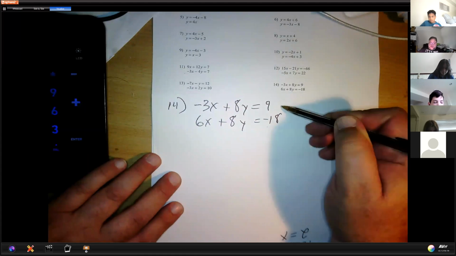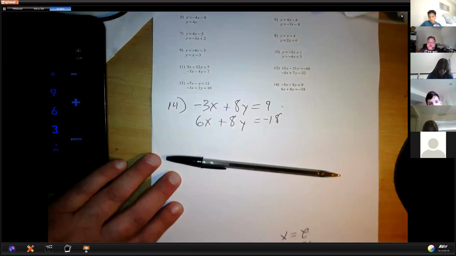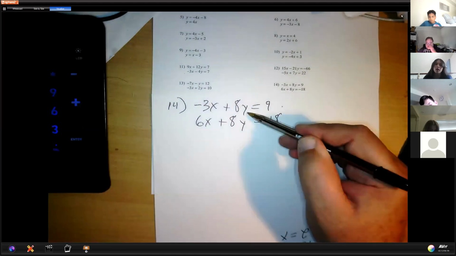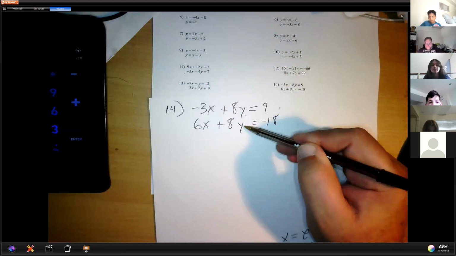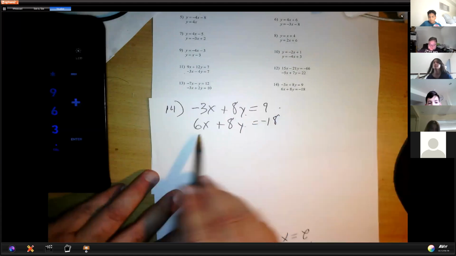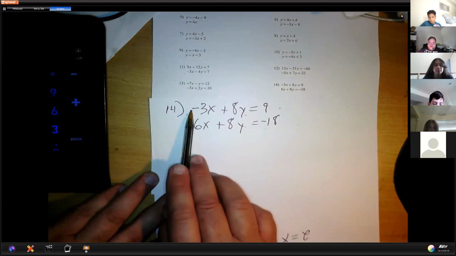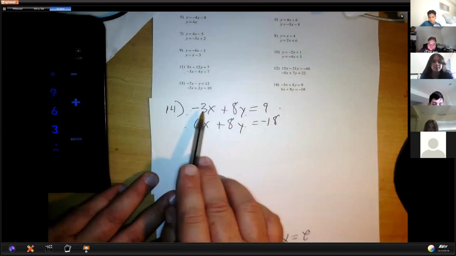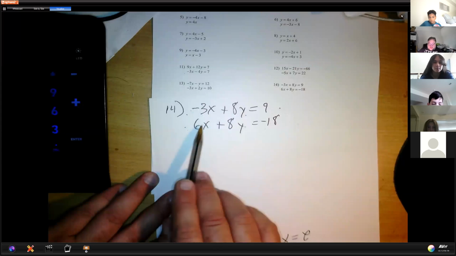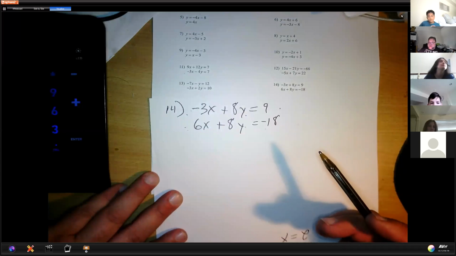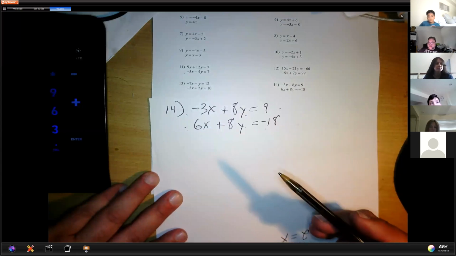I can multiply by a -1 on the top, and that will make 8y the opposite of this term, right? Or I can multiply the top one by 2, and this would become the opposite to 6x. Either way is fine, right? It doesn't really matter how we solve it. What matters is that we've done it correctly mathematically, right?